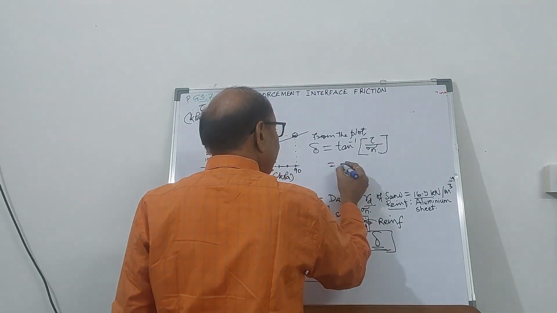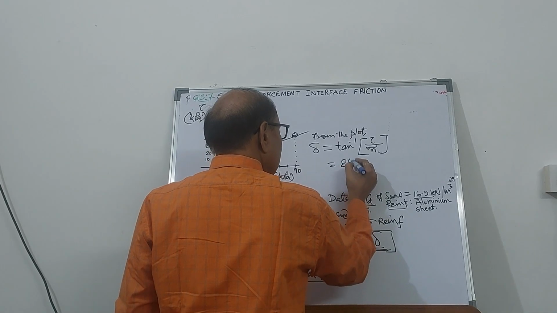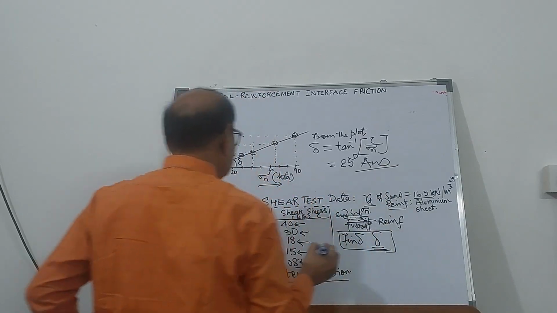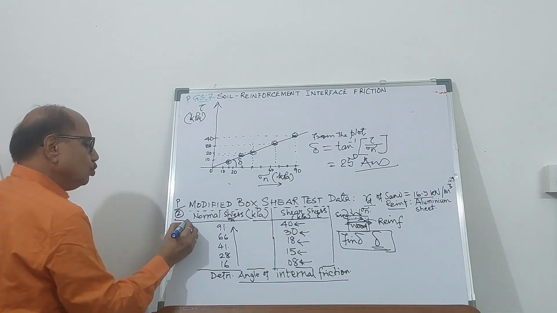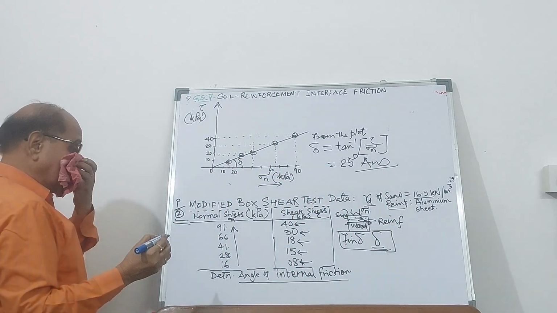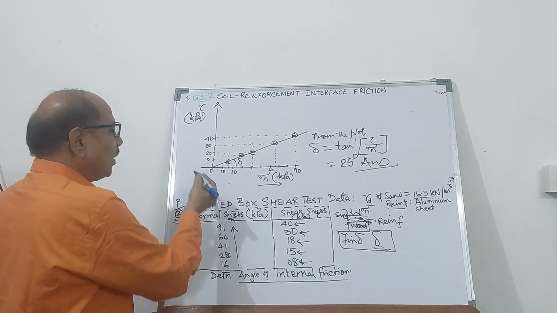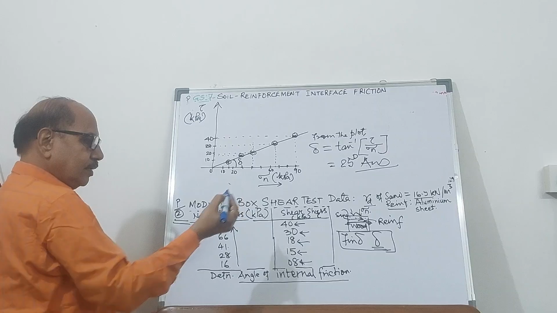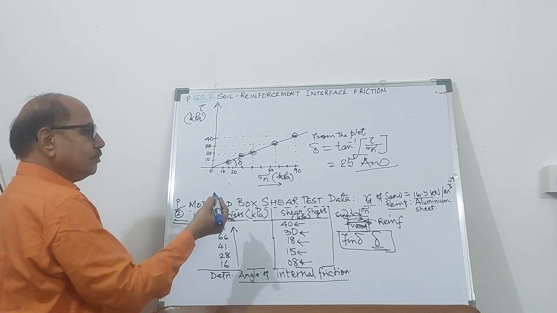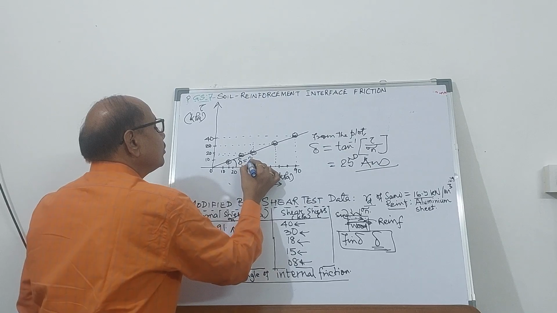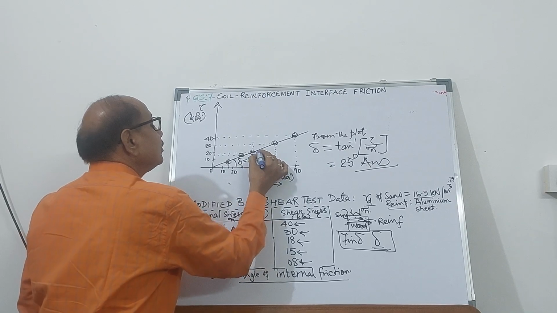And this comes out to be approximately 25 degrees. So this is the answer. So problem number 2, we could solve very easily by taking a graph paper, plotting it, and from the plot, we get this value approximately 25 degrees.